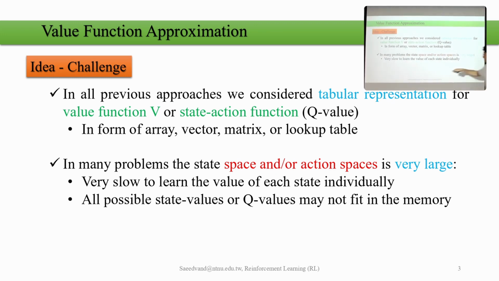We have an important point here. It's very slow to learn the value of each state individually. It means that not only do we have a memory problem, but also with that big state space and that big action space, it can be very hard for our agent to see all possibilities to understand how good each one of them was.